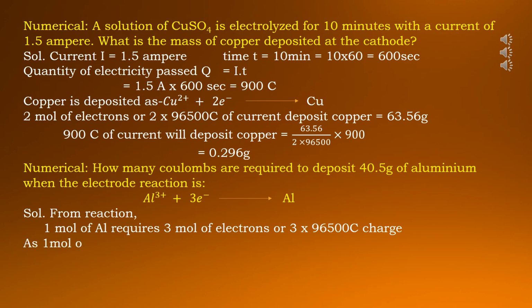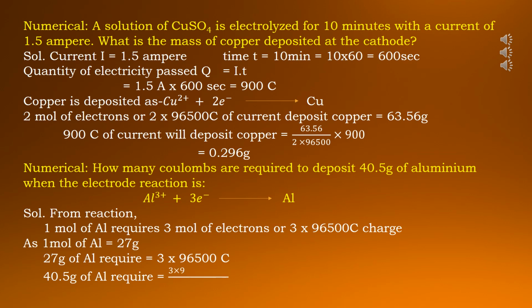As we know, 1 mole of aluminium is equal to 27 gram, that is its gram atomic weight. So 27 gram of aluminium requires 3 into 96500 coulomb of charge, and 40.5 gram of aluminium requires how much charge? By putting the respective values, it comes out to be 4,34,250 coulomb of charge.